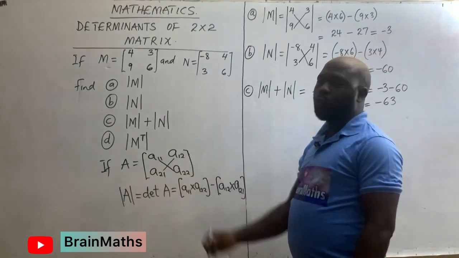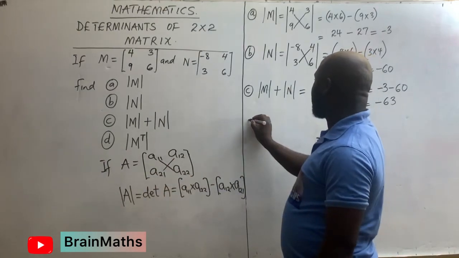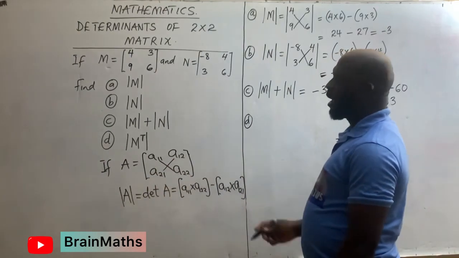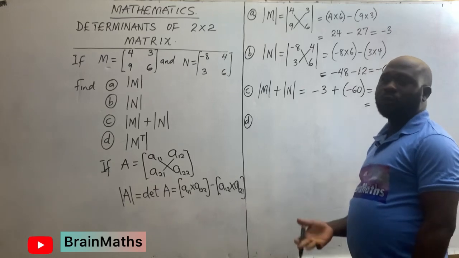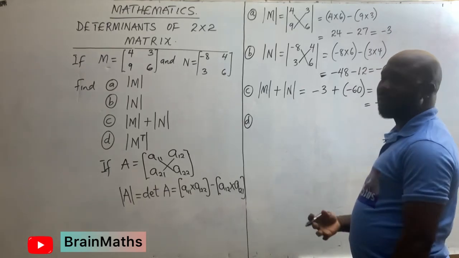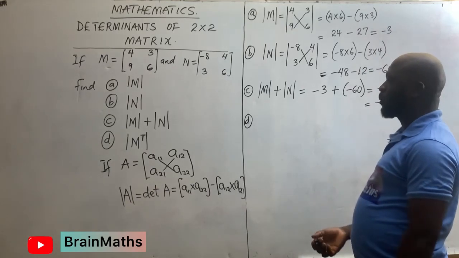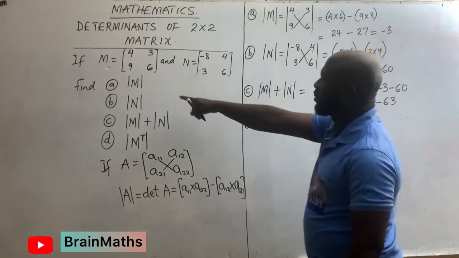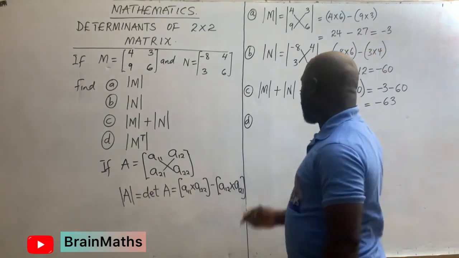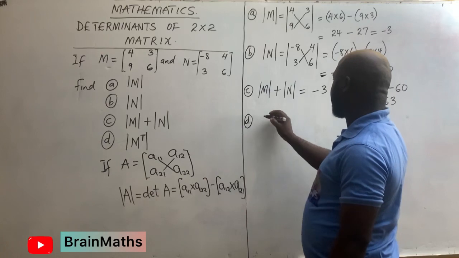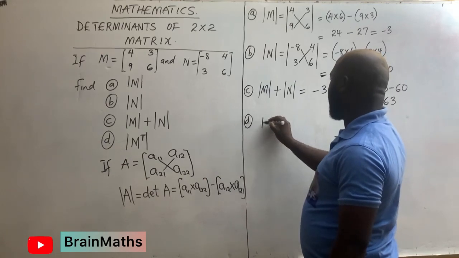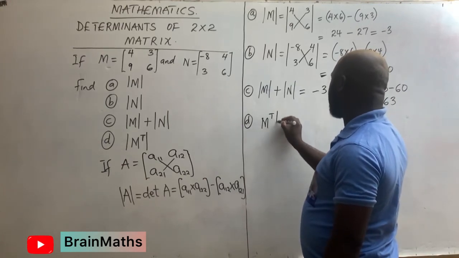Now the fourth question says we should find the determinant of M transpose. Before you get the determinant of M transpose, we first need to transpose this M. So our real question is the determinant of M transpose.